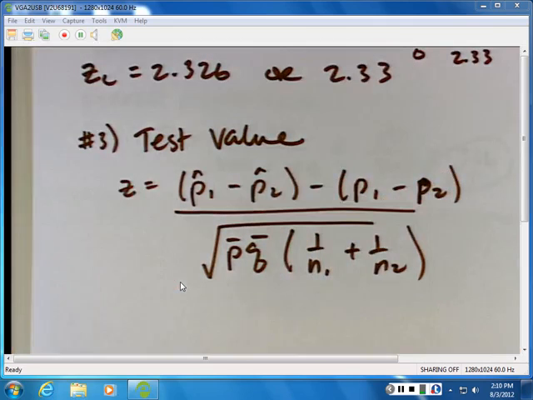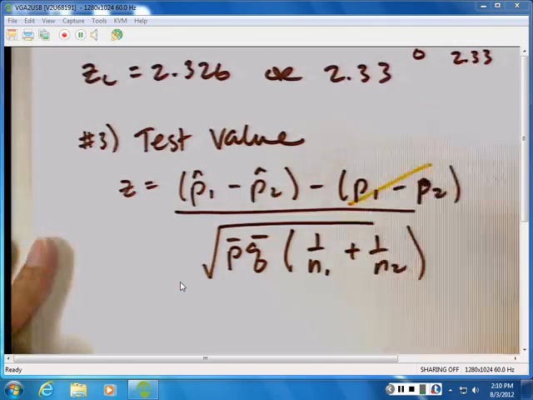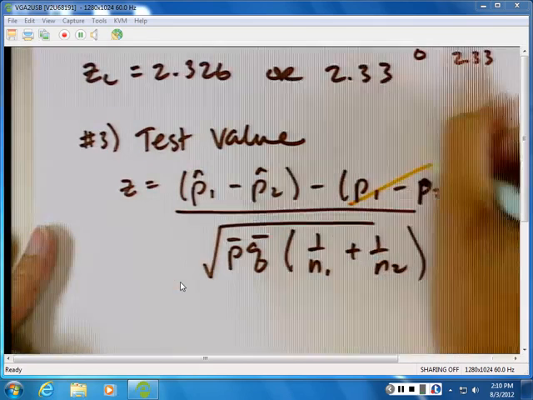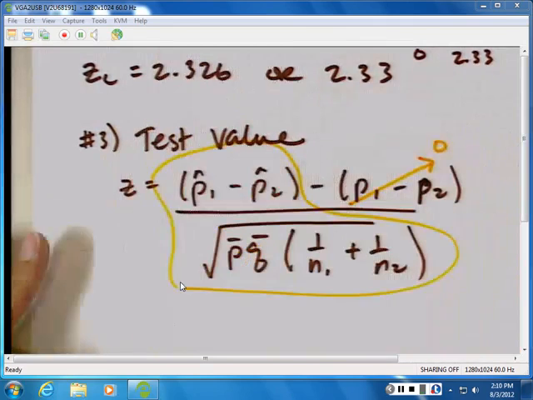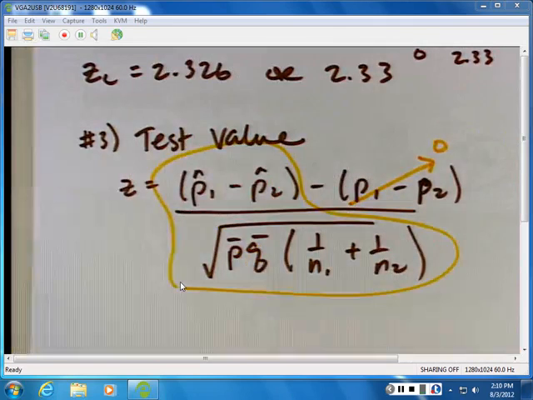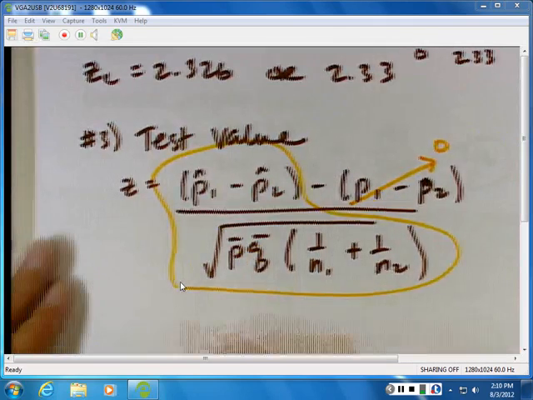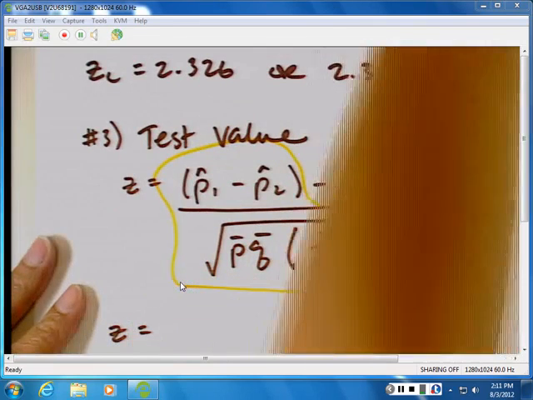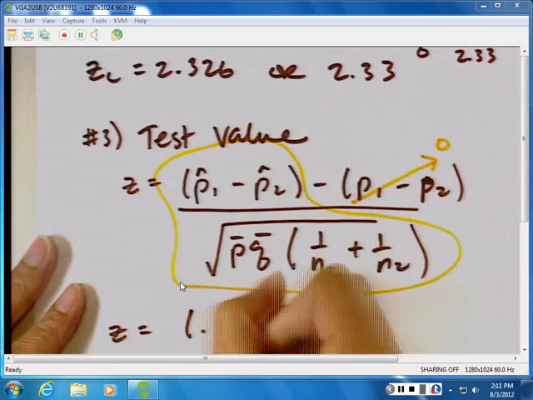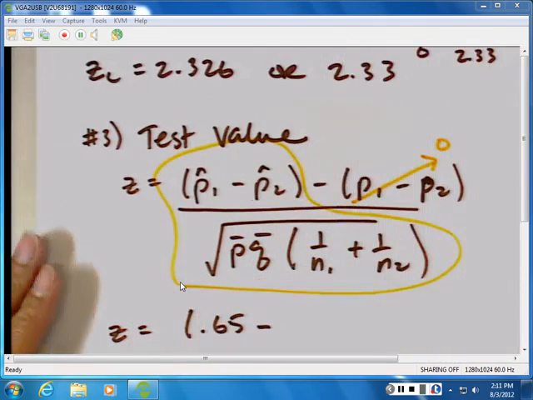We're hypothesizing in our null that they're the same. So this always goes to 0. So when you're computing this, you're really just doing that piece, exactly like the last example. And I'm going to go ahead and put some values in. So z is equal to, let's see, we already computed P1 hat, and that was 0.65, so parentheses 0.65, just looking at my work above.